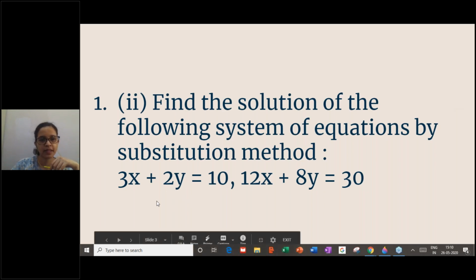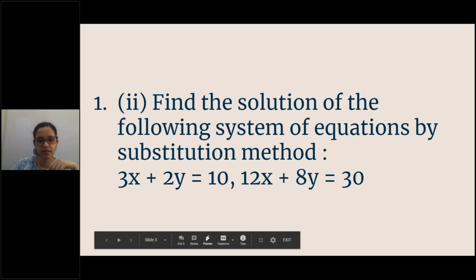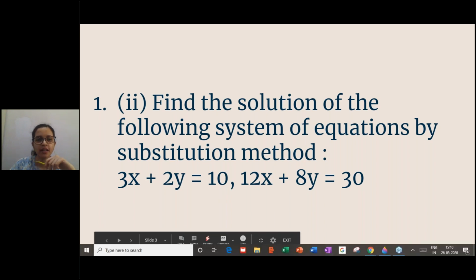Write it in terms of x or y, and substitute it in the second equation or the first equation, whichever. When you solve this question, the value of x or y gets cancelled. So you are left with two numbers on the LHS and RHS, right?